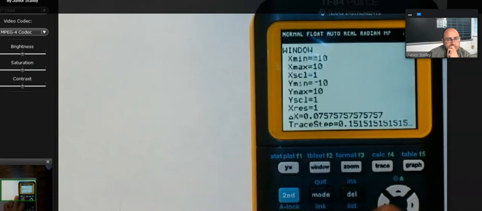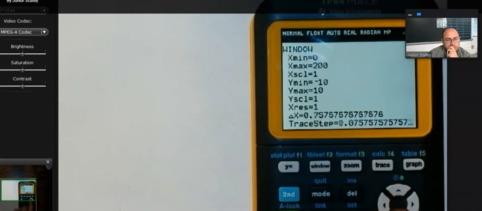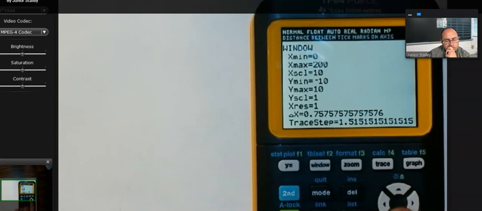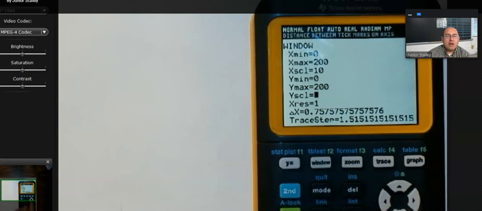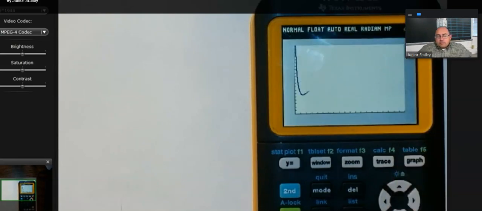So I'm at least going to start with 0 and go to 200. Now this might not be enough. Maybe we want to go by increments of 10 just for kicks and giggles, but 0 to 200, go by increments of 10. So take a look at the picture. Okay. Weird looking shape on there.